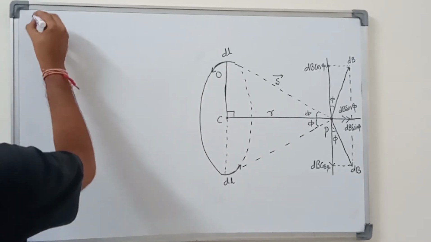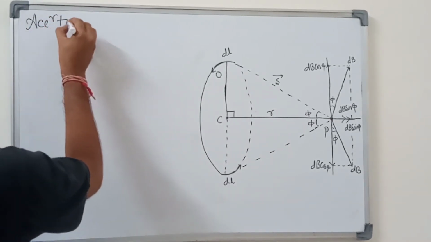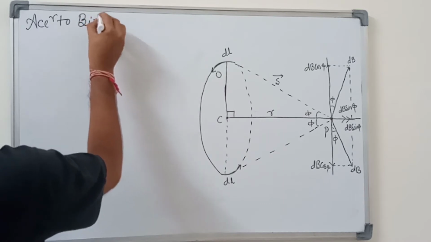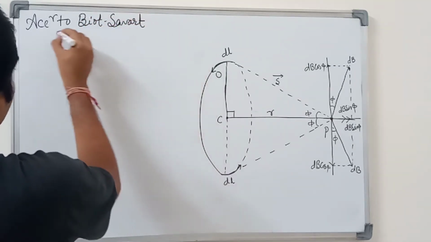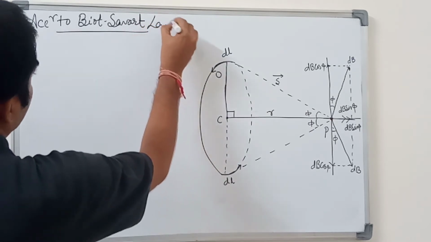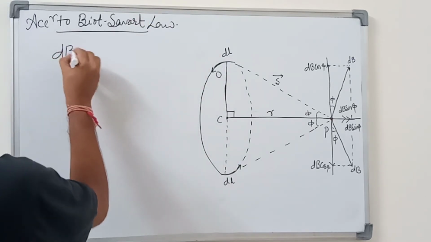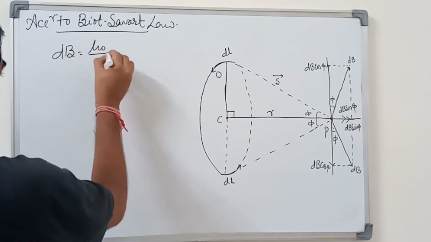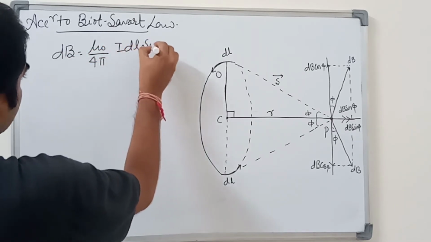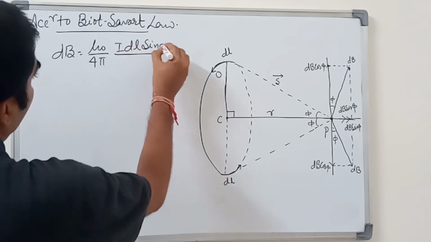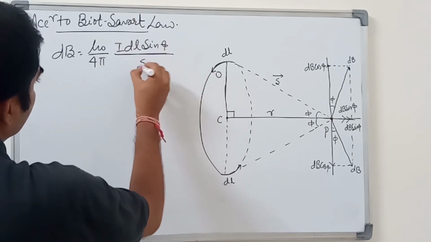Now the next point: the Biot-Savart law says that dB is equal to mu 0 upon 4 pi, I dl sin theta upon s square.